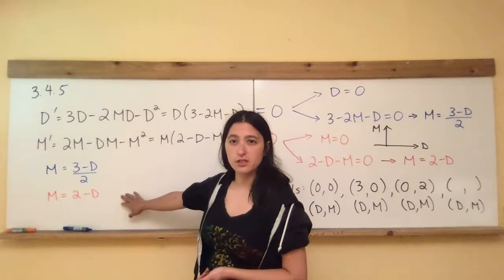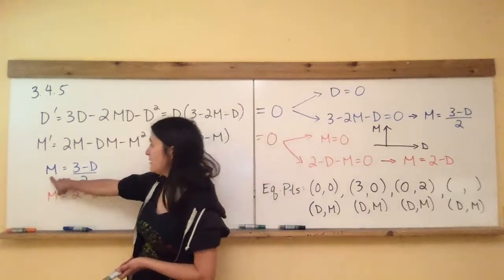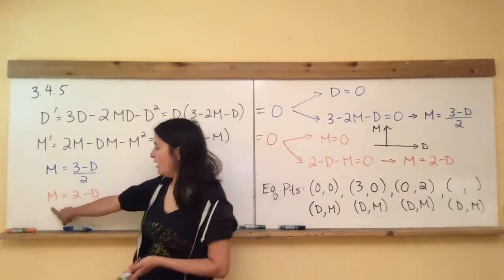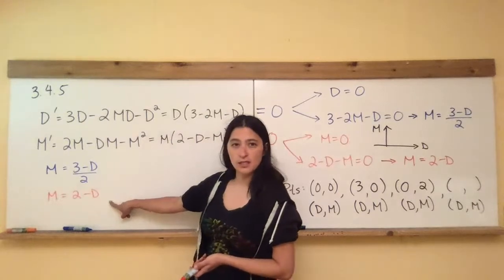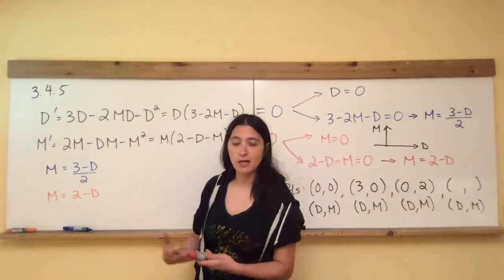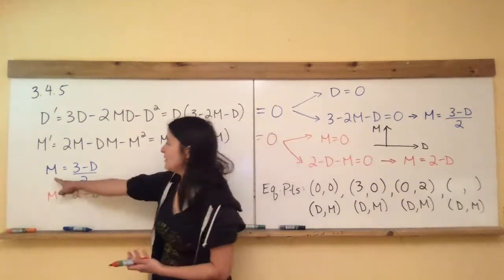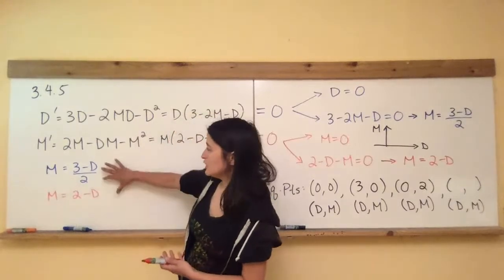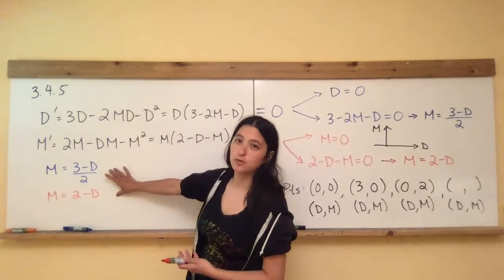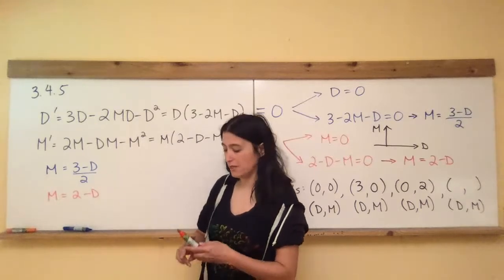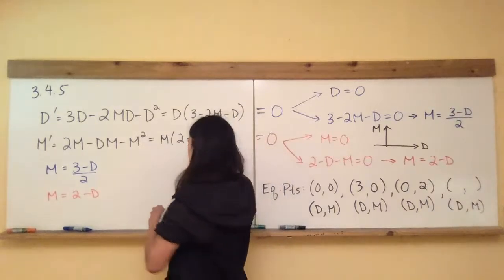So for both of these equations, I have a statement m equals a function of d. M equals a function of d. And if I want these to be equal at the same time, because it says m equals on both sides, I can just set the two right-hand sides equal to each other. Okay, that's one of many ways to solve simultaneous linear equations.